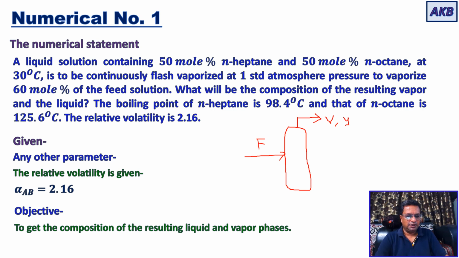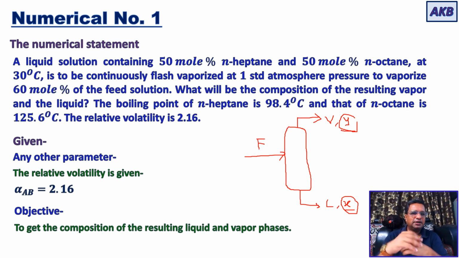Then the liquid is also removed, and liquid has X as the mole fraction of the more volatile component in it. Our objective is to get X and Y. So with all the given data, we are supposed to get the value of Y and the value of X.